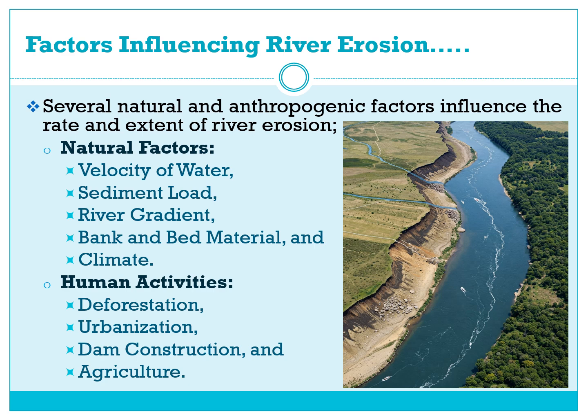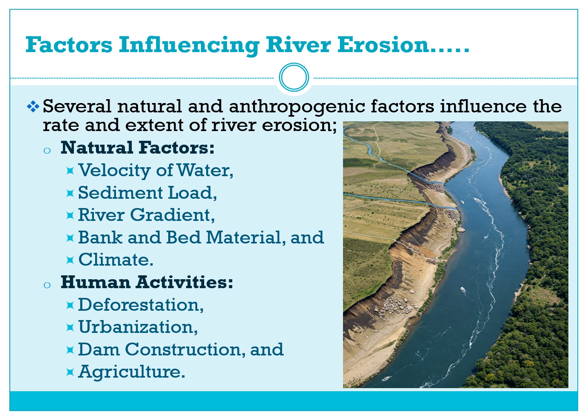Steeper gradients increase the energy available for erosion. Bank and bed materials. Soft, unconsolidated materials erode more easily than hard rocks such as granite. Climate. High rainfall and flooding events increase erosion rates. Human activities.